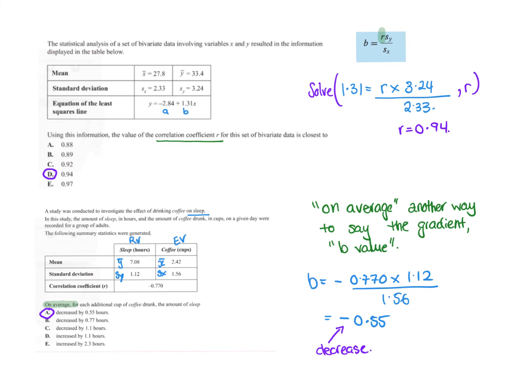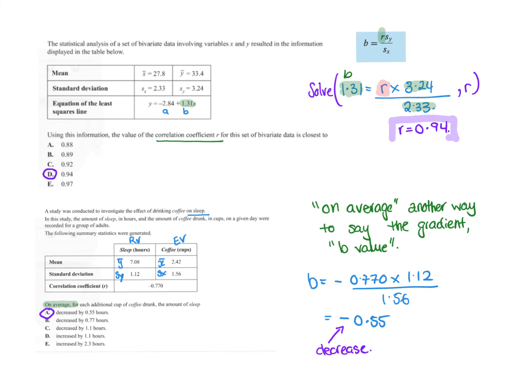Because they gave me the least squares regression line, they told me the B value, so I can pop that into this formula. B equals, and R is what I want to know, so that's my unknown. I did know the SY, they told me that, and I've popped in all the other details. Because I only have R missing, you can use your solve function. Everyone know how to use solve? Yeah, menu 3.1. Pop it in your solve function, and that way we found R.